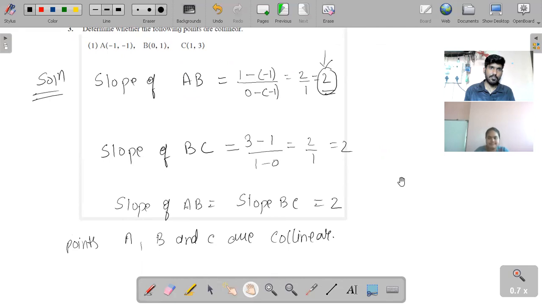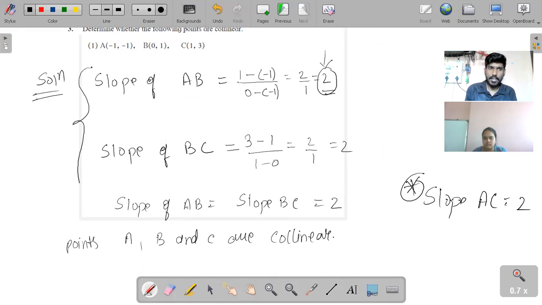Even if you had found the slope of AC, that would also be 2. But there is no need. Since they have the same slope, you can directly conclude that they are collinear. Even if you find the slope for AC, it will be 2 itself. You can try.